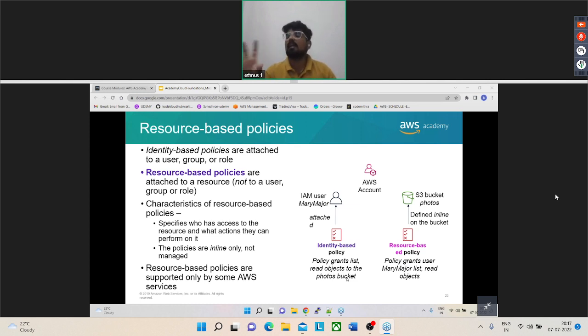A single file is an object. It can be a photo, like a PNG file, a JPG file, a PDF file, a Word file. All are individual objects. So what is this policy telling? This identity-based policy allows permission to Mary Major, which is an IAM user, to access the photo bucket, which is an S3 bucket, and all the objects inside that bucket. This is an example of an identity-based policy.